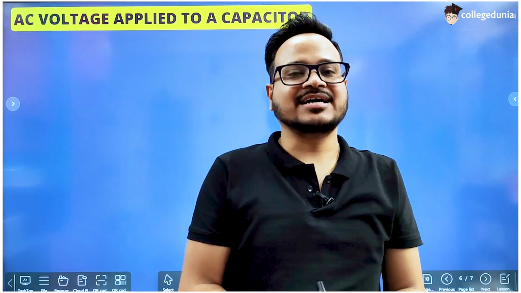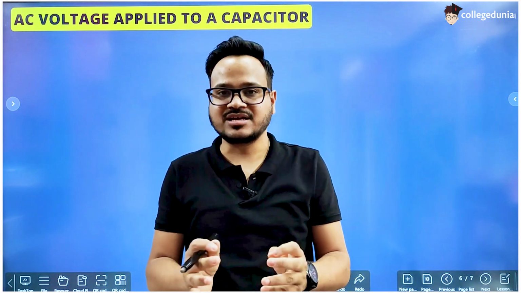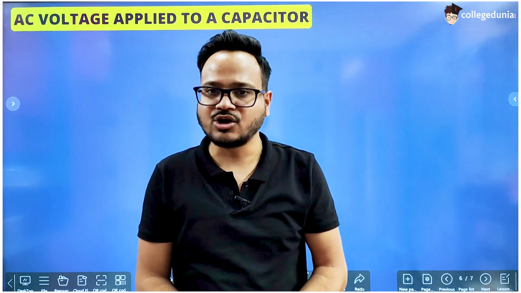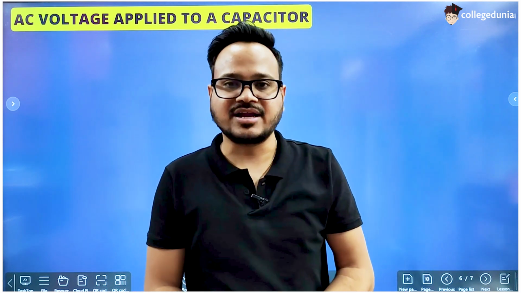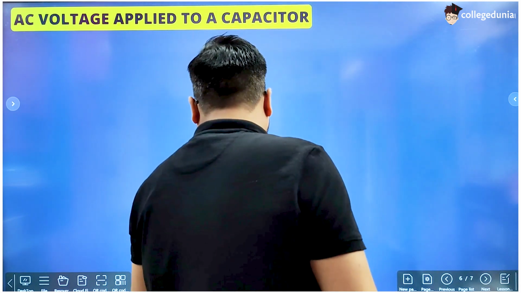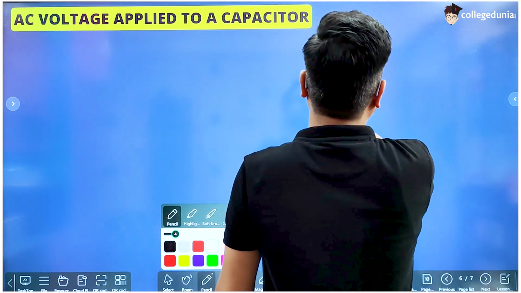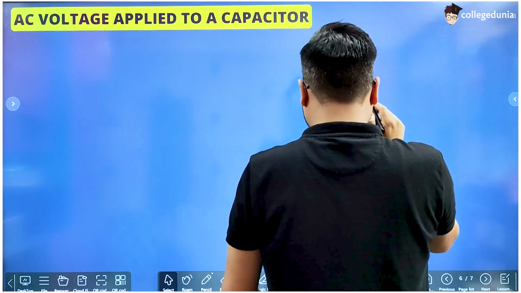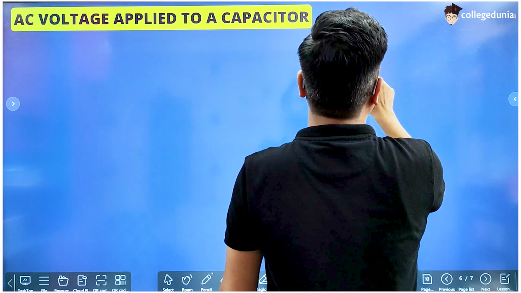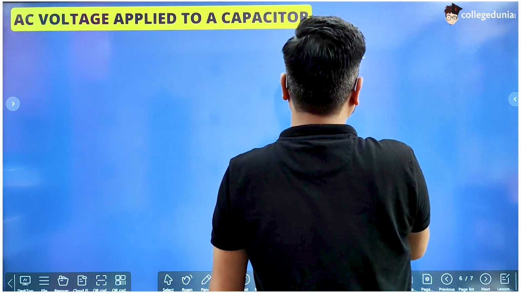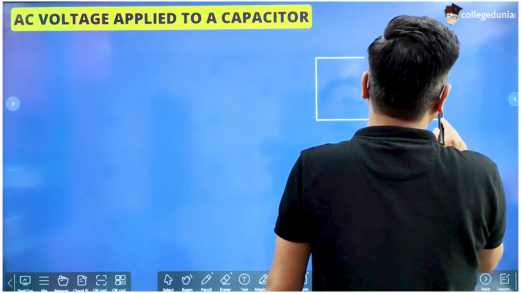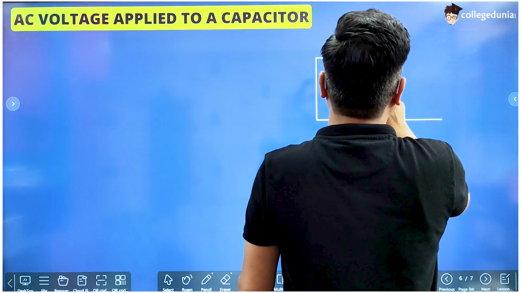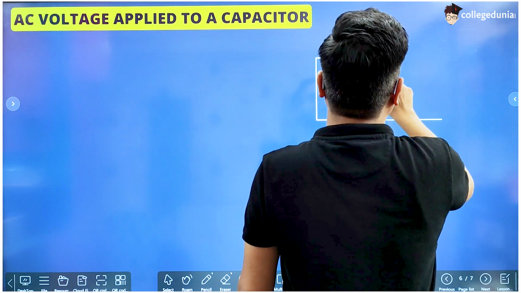So students, in the last lecture we have seen what happens when a single inductor, a pure inductor having zero resistance, is connected across an AC source. Now we will see what happens when a capacitor is connected across an AC source. So this is our circuit, and a capacitor is connected.